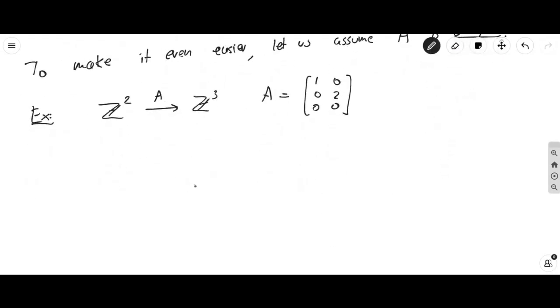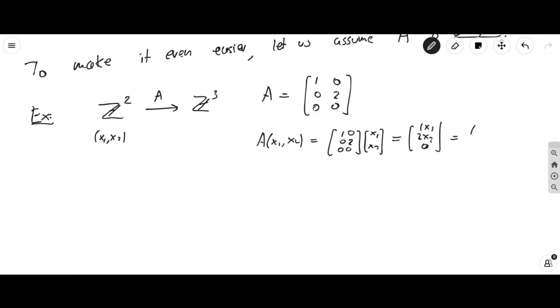Let's say the vector here is x1, x2. Then A applied to this vector would be the matrix 1, 0, 0, 2, 0, 0 times the vector, and as we typically do, we write the vector in matrix form and multiply this out. So this would be 1x1, 2x2, and then 0.